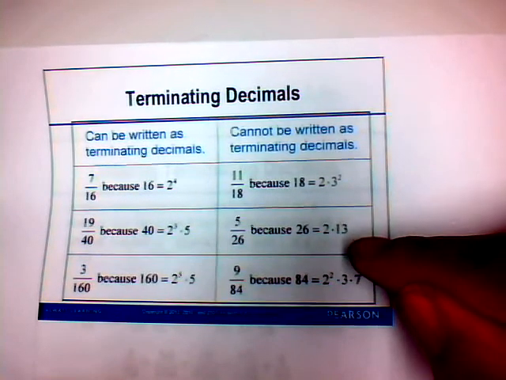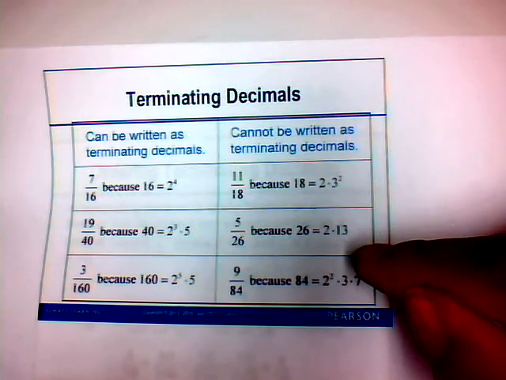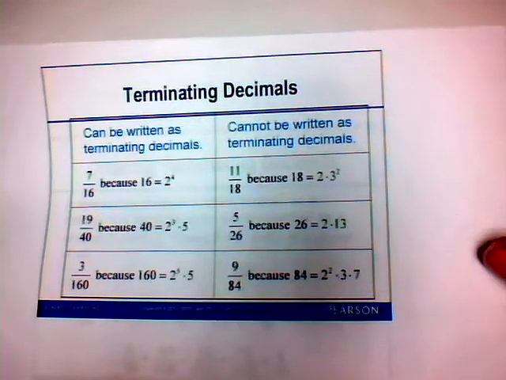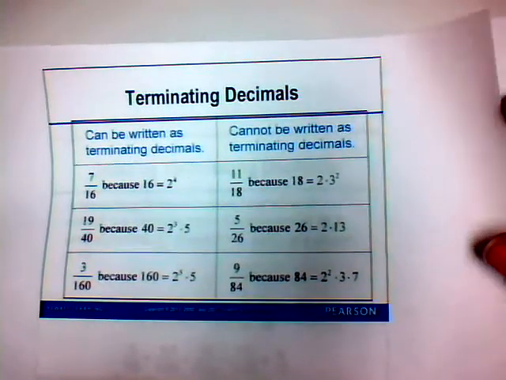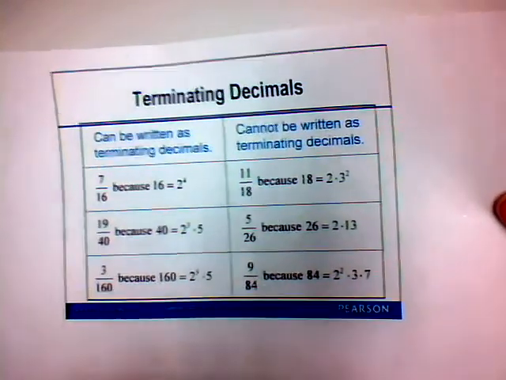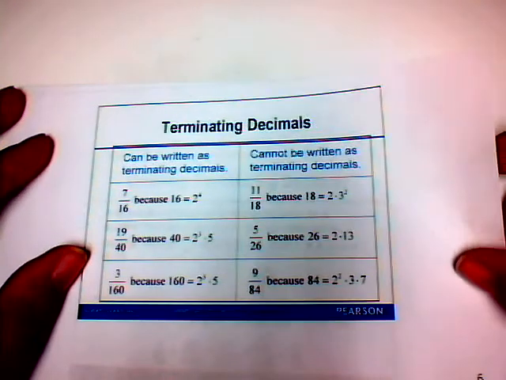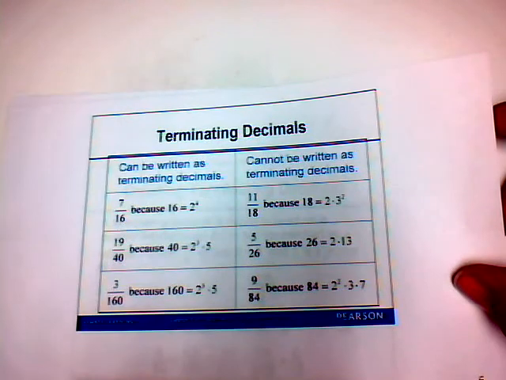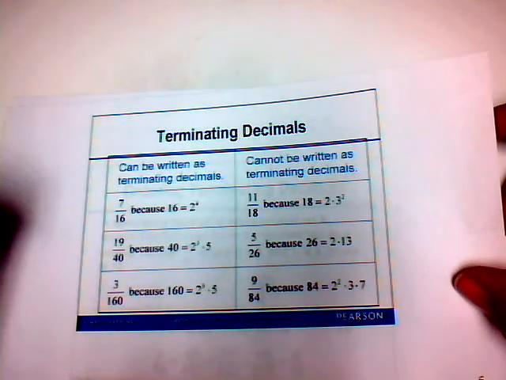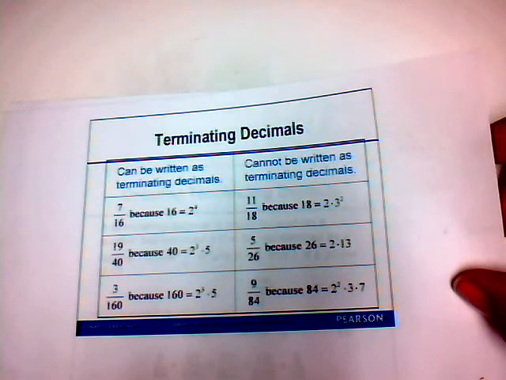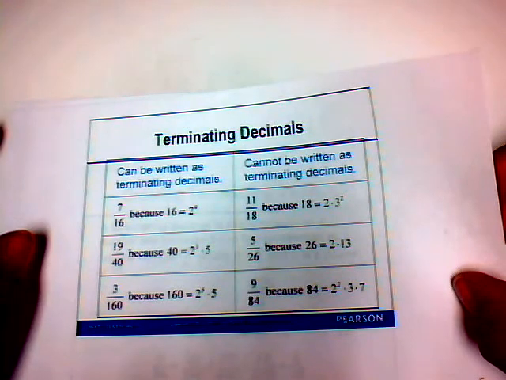Again, we cannot have prime factors other than 2 and 5. The same with 9 over 84. 84 is broken up as 2 to the second times 3 times 7. Okay, so keep in mind, terminating decimals exist when the denominator has no prime factors other than the number 2 and 5.